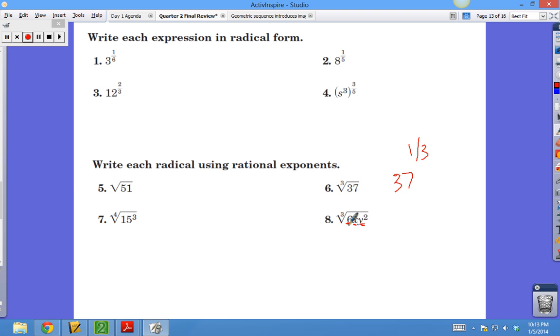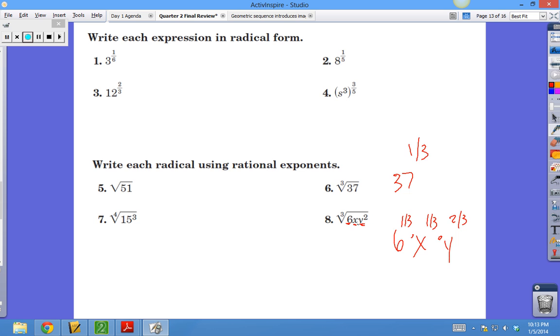So maybe let's do each of them on their own. This is going to be 6 to the 1/3 times x to the 1/3 times y to the 2/3. So y has an exponent where 6 and x don't, so it's going to be a little bit different. Its fraction is going to be 2/3 instead of 1/3.